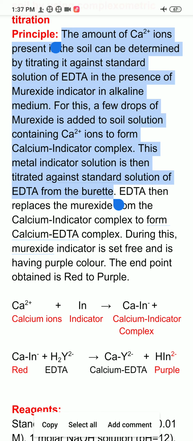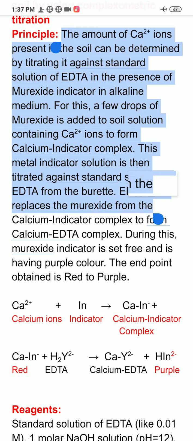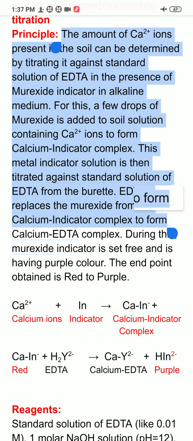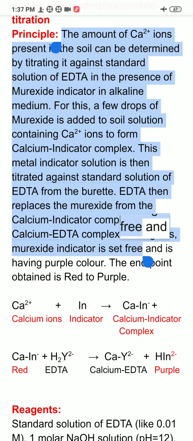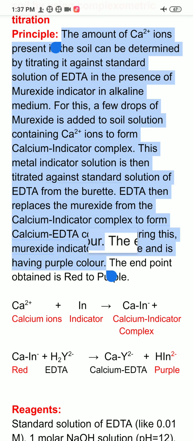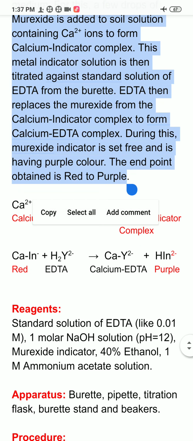Murexide forms a calcium indicator complex, and upon adding EDTA, EDTA replaces the murexide from the calcium indicator complex to form calcium EDTA complex. During this, the murexide indicator is set free, and free murexide has purple color. This gives the endpoint, which is red to purple.